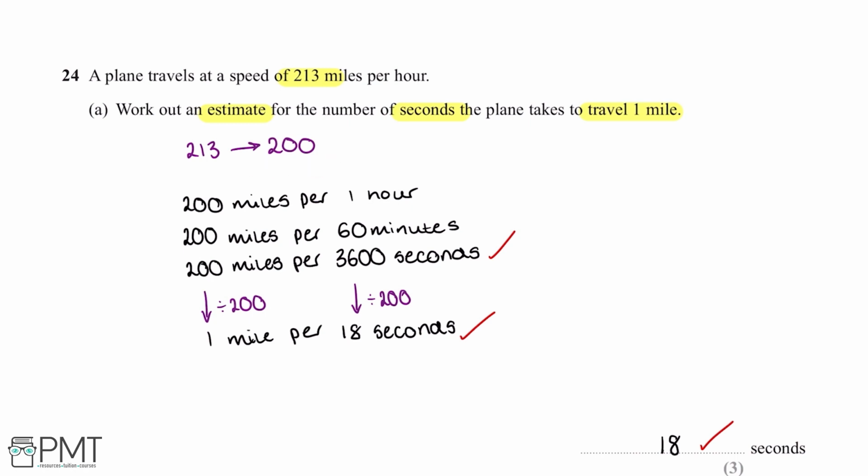So if instead of dividing 3,600 seconds by 200, we actually divided it by 213, this would give us a smaller number of seconds. So therefore, our answer to part A is an overestimate, because we rounded the speed down.